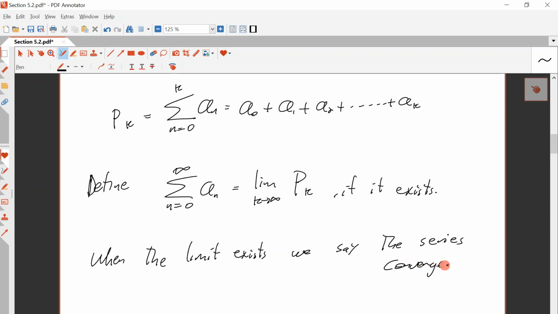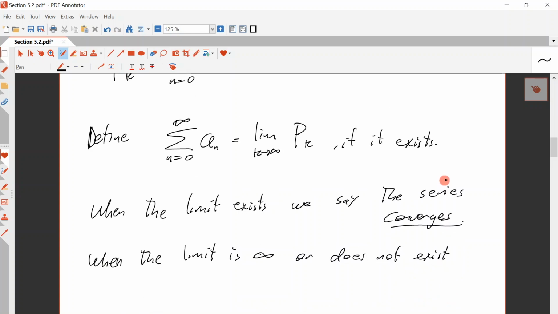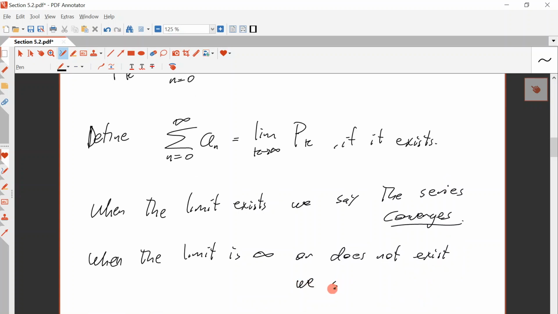When the limit is infinity or does not exist, we say that the series diverges.